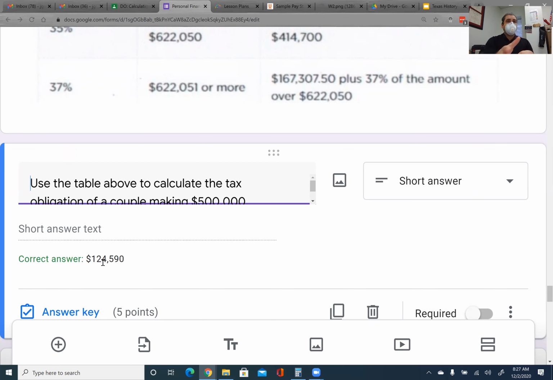So their tax obligation will still be $124,000, but if they've paid $120,000 throughout the course of the previous year, what's their tax bill going to be that they'll have to pay in April? If their tax obligation is $124,000, but they've paid $120,000, how much will they have to pay in April? $4,000. So they just have to write a check for $4,000.